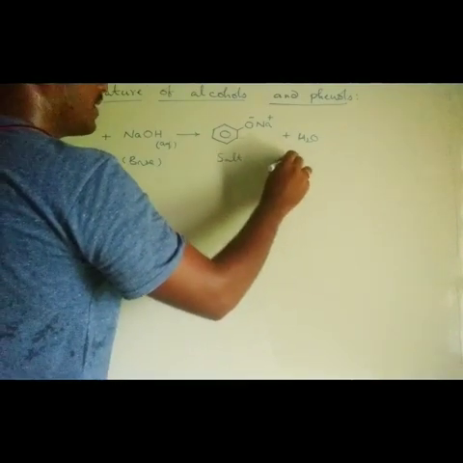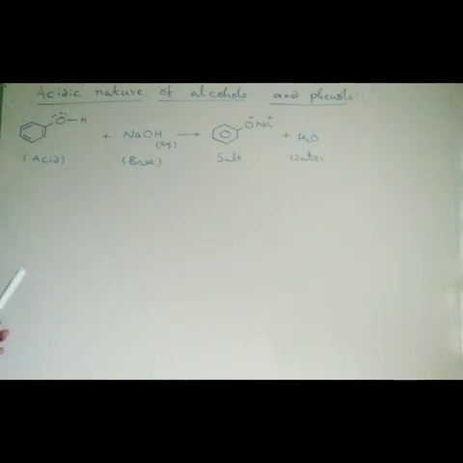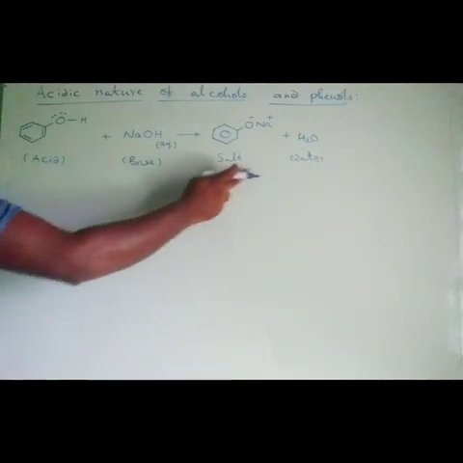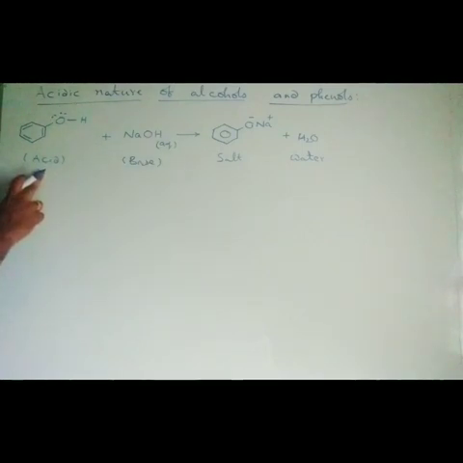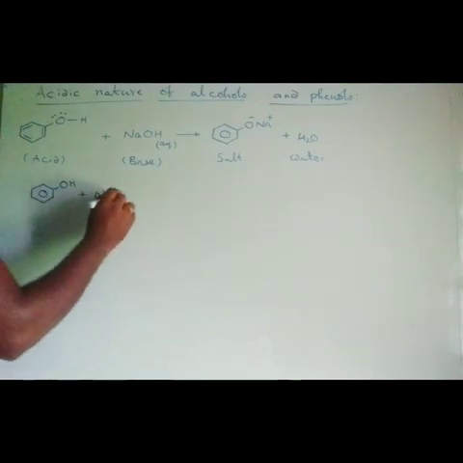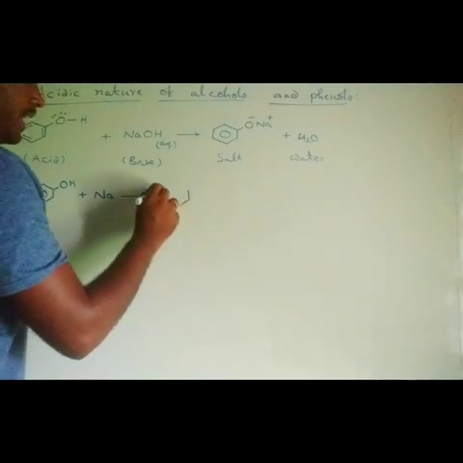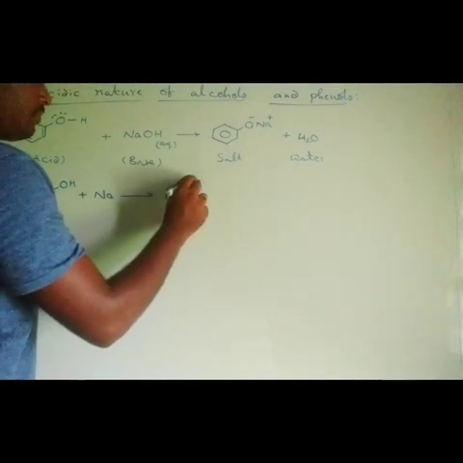So simply this is a neutralization reaction. A neutralization reaction happens when we react a base with an acid. So definitely, if we are getting a salt and water, it must act as an acid. And one more thing: if phenol is reacted with sodium metal, to check the acidic nature of that compound, it will liberate hydrogen gas, similar to the previous case.